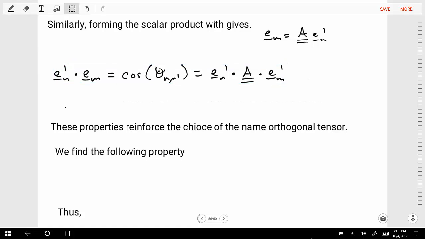And of course, we've got to remember that this is transposed. So it's A transposed here. And we can say that the indices for this A then are A transposed n m, or A m n. So switching the indices.